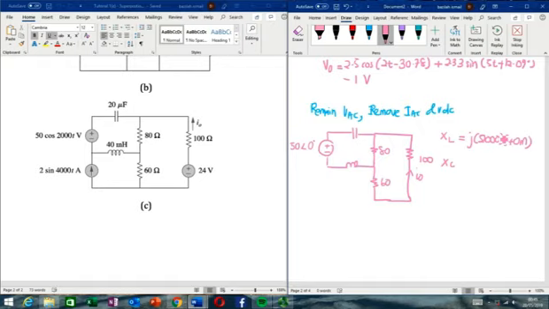So the answer is j8. And for XC, 1 over j times 2000 multiplied with 20 micro. So the answer is negative j25. Right, negative j25, and this one is j8.